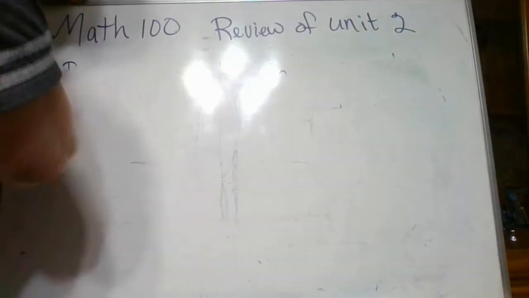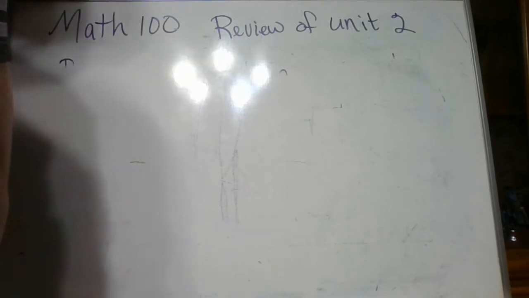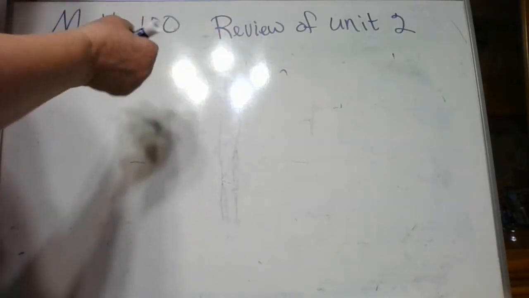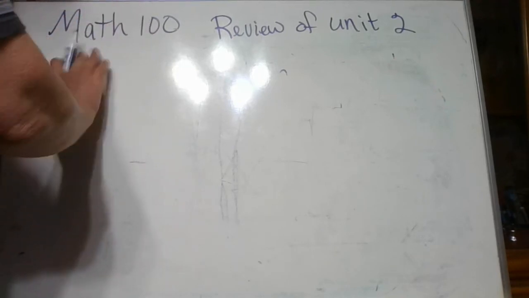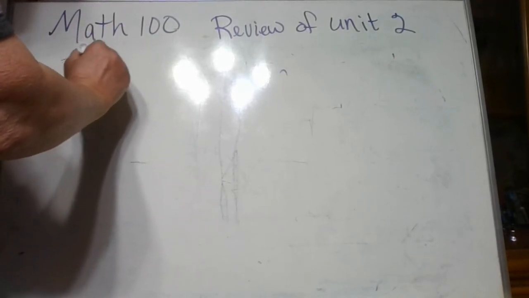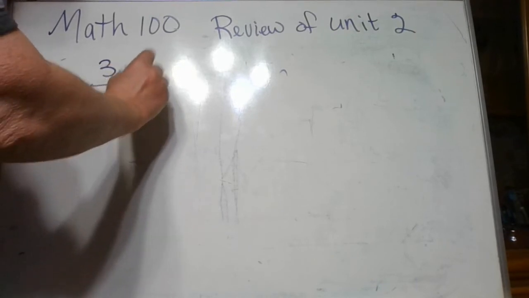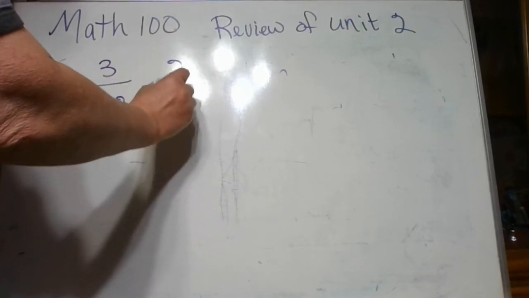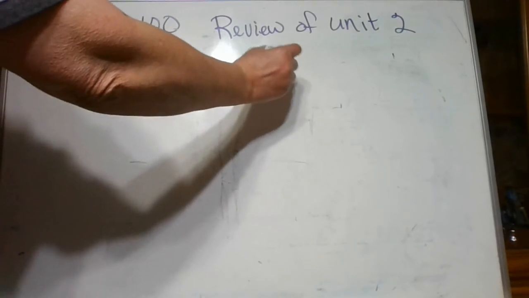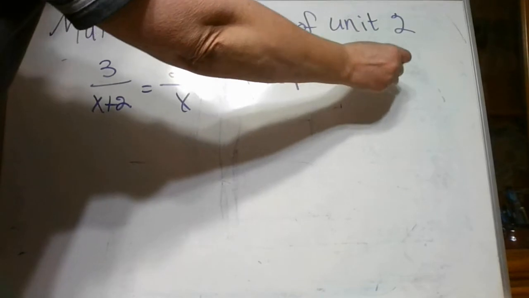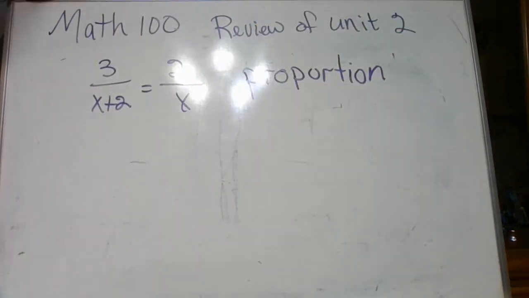Okay, moving on to some examples. You really should probably already have these in your notes, but I'm just going over them just in case you need a little help. When I have 3 over x plus 2 is equal to 2 over x, this is a proportion. Proportions are kind of neat if you can set a problem up to work it as a proportion.